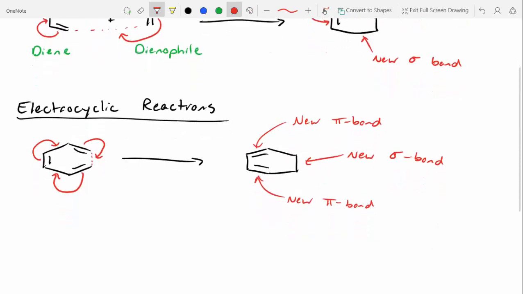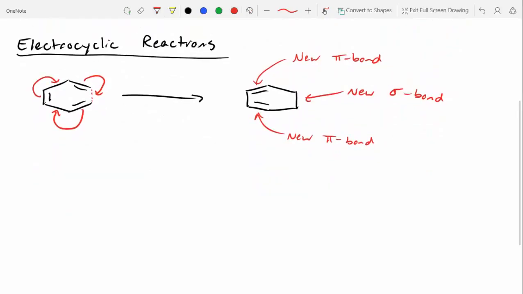All right, so we've got this electrocyclic reaction. Again, we're forming a ring system. We've got a circular flow of electrons. The next one's pretty similar, and this is called a sigmatropic rearrangement.